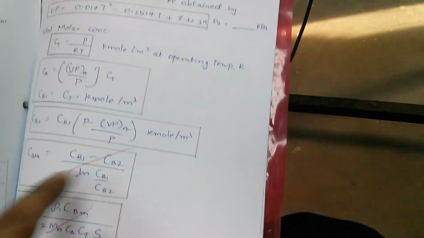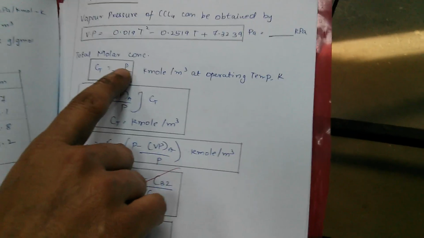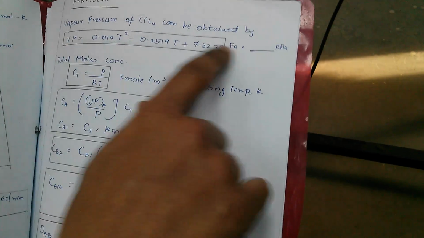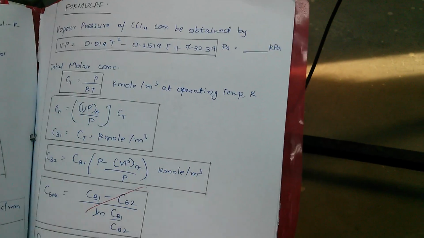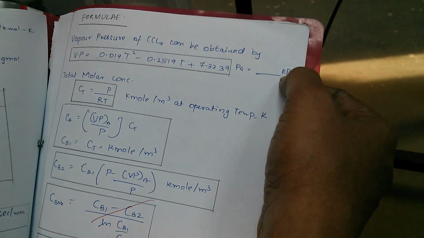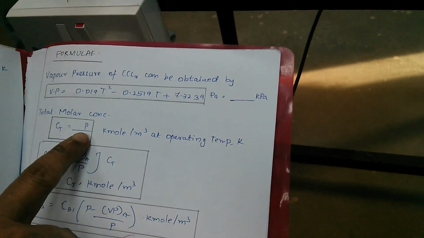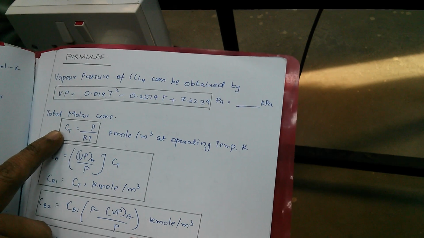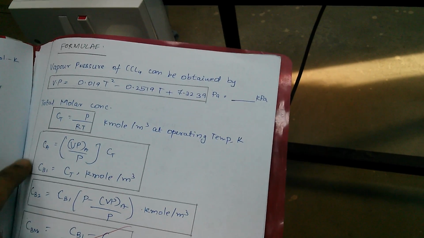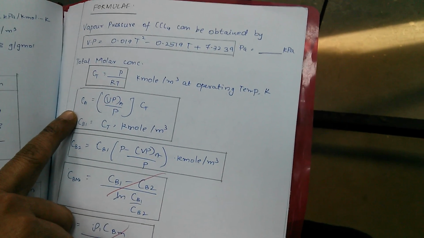There are relations for calculating the total concentration. CT is equal to P by RT, where P is the vapor pressure, given by this relation where T is the temperature, in kilopascals. That is substituted here and CT is found. Then CA is also found.